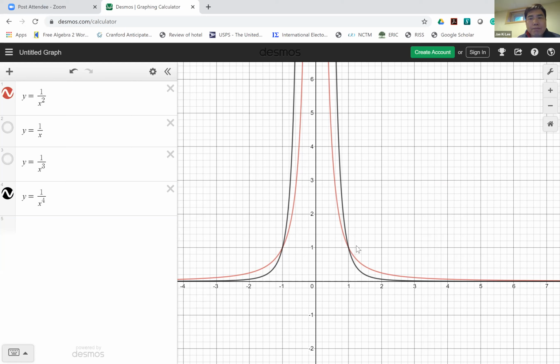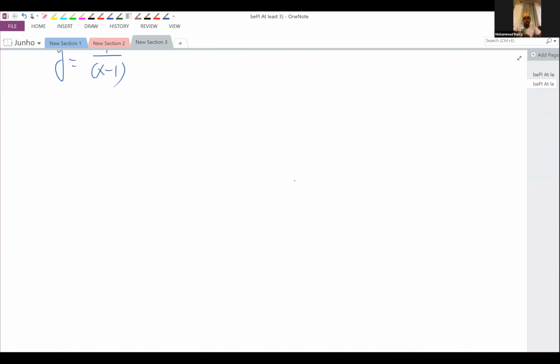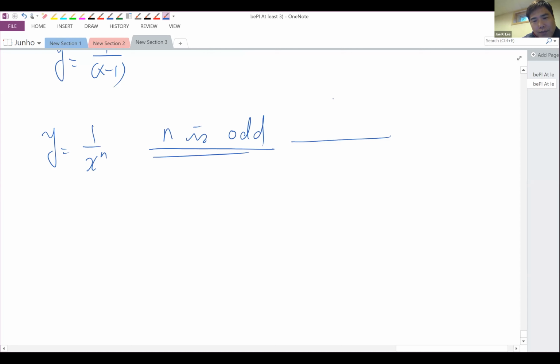Based on that, the key point is, if we have y equal to 1 over x to the n power, if n is odd, the basic graph looks like this, no matter what.